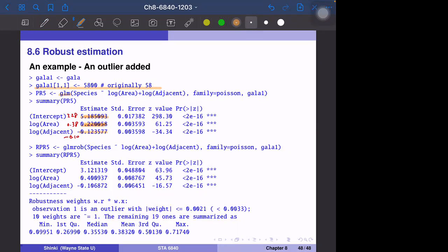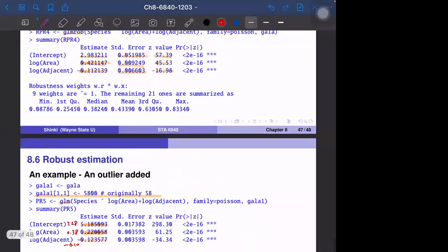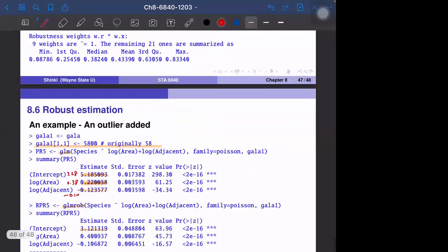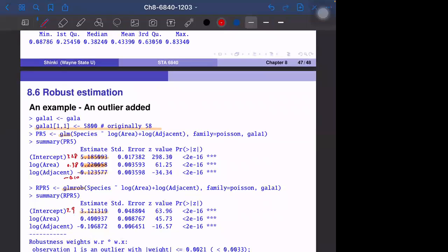But if you use the robust estimator, the intercept is 3.12, originally 2.98. The second one was originally 0.42, and the third one negative 0.11. So it doesn't change much.